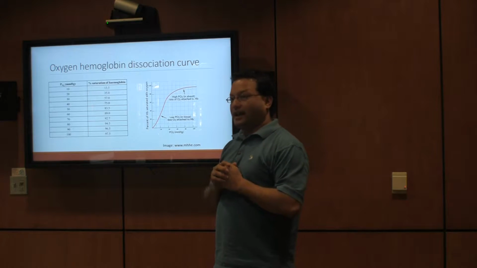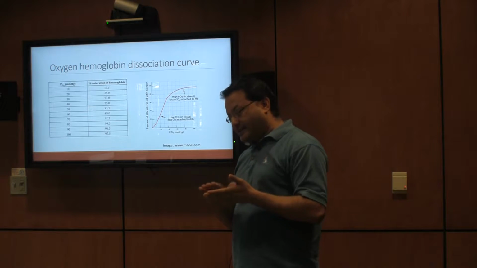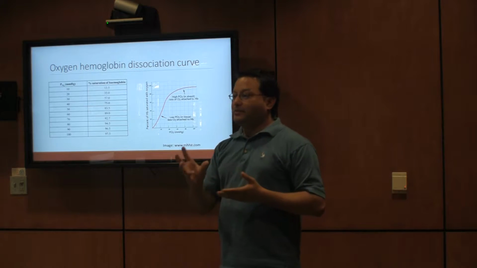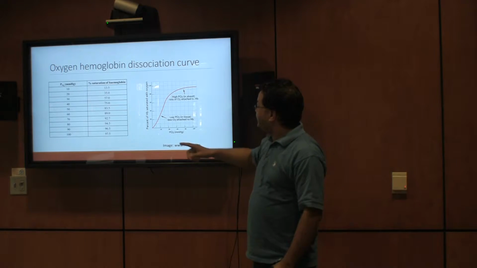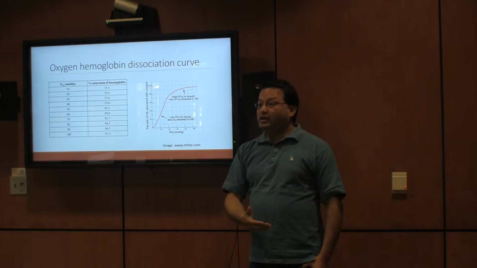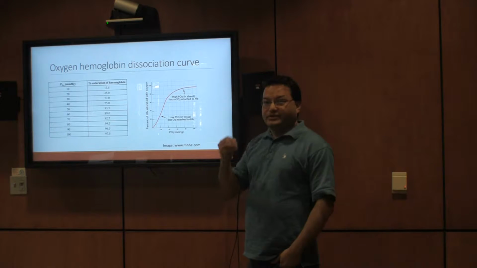As they bind the oxygen molecules, the shape of the molecule changes, and as it is easier for the other molecules to attach, the shape gets changed, and it gives a sigmoid shaped curve.